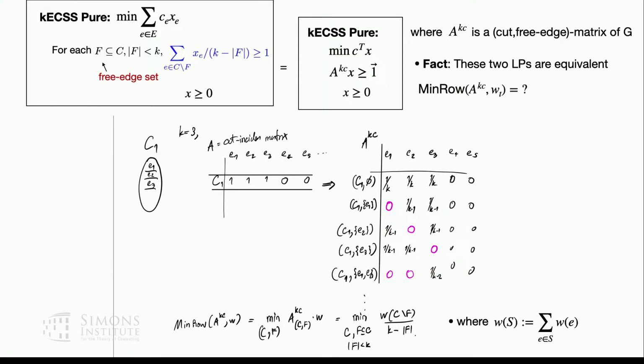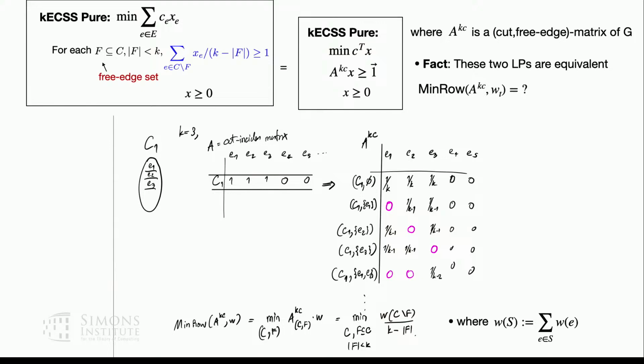So I get the first column that is 1 over k on the first row. And then in the next row, I could also make a single edge free. When I make a single edge free, it means that I don't need to worry about satisfying one of the edges, and then I need to satisfy less, k minus 1, and so on. And then this keeps happening for 1, and also for all pairs, for all 2, and so on.